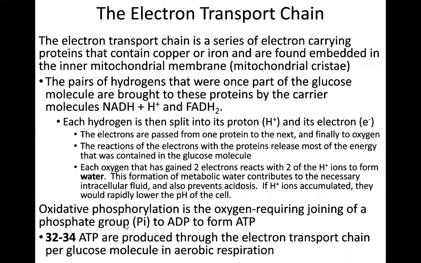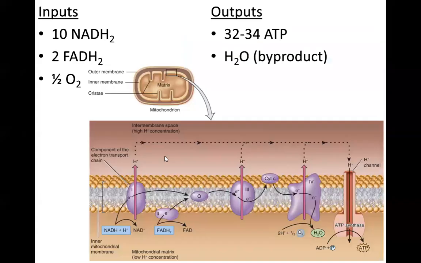I'm not going to ask you to know every single piece of information that I include on these slides, but definitely know the inputs and outputs, that's a big thing. When telling me how many ATP are formed during that stage, in this case, the electron transport chain, you would know 32 to 34 formed during this stage alone.